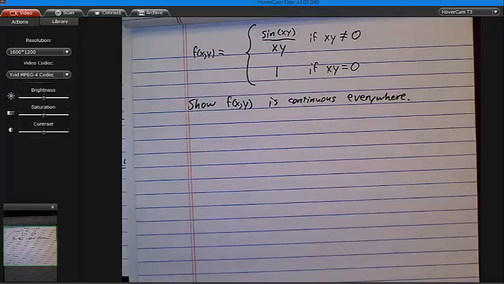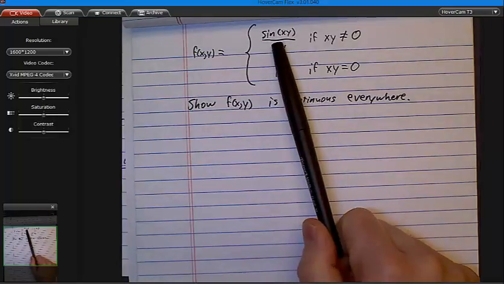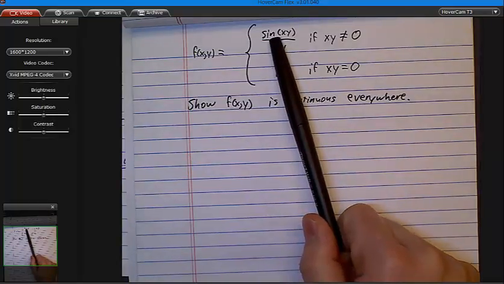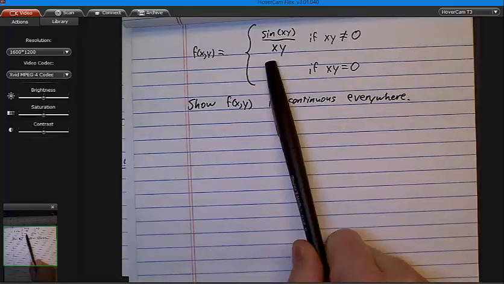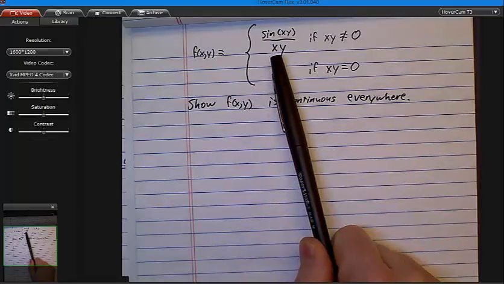Why is that true? Well, first of all, is the sine function a continuous function? Do you guys remember that? Sure. And you can add two continuous functions, it's continuous. If you subtract them, it's continuous. Multiply. Divide could be an issue, because when you divide, you might get something undefined, like we did here.